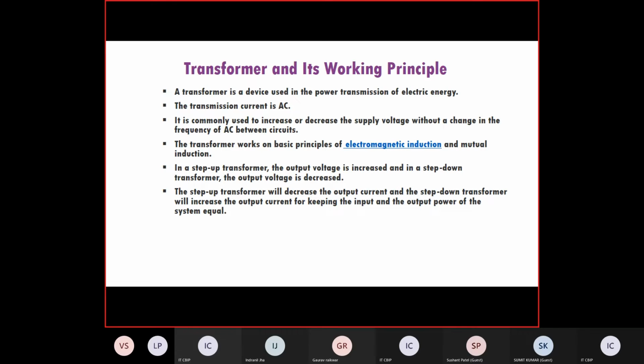And in between, wherever there is a need for voltage up requirement, that means stepping up of the voltage or stepping down of the voltage, we use a transformer. All right. We will see various other uses also.